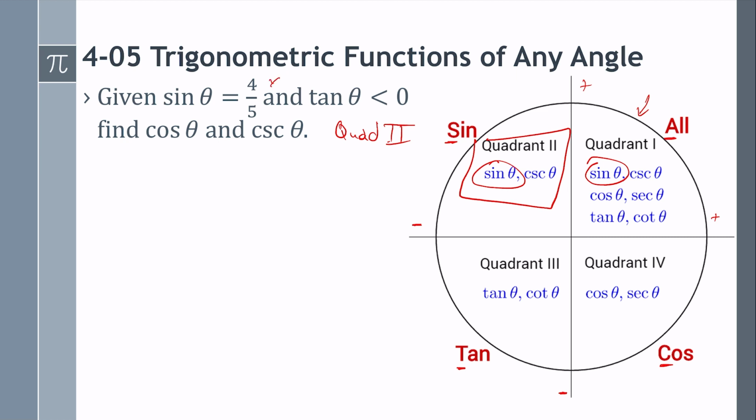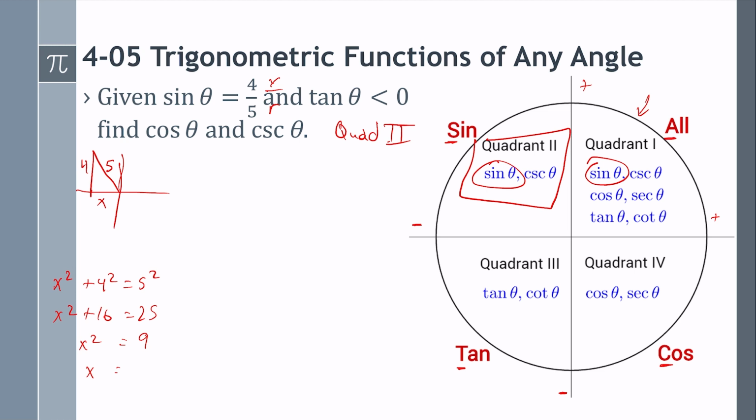All right, sine is y over r. So we know, let's draw a new one here. We know the y is 4, and we know the r is 5. So we can use the Pythagorean theorem to find x. So x squared is 9.